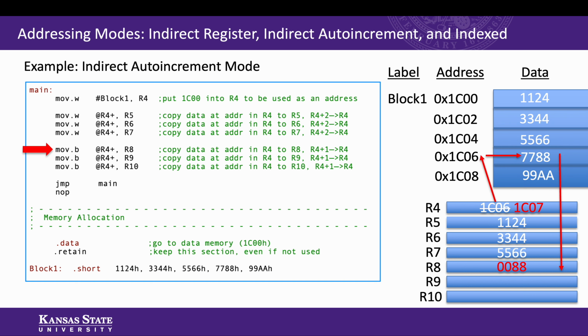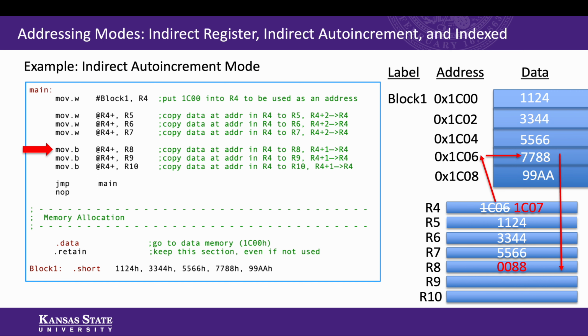Now, the next one is different, because we're operating on a byte. R4 at the beginning of this instruction is storing 1C06, as we just said. So that points to 7788 in memory. However, we're just asking for a byte, and because this is an even address, we get the least significant byte there.